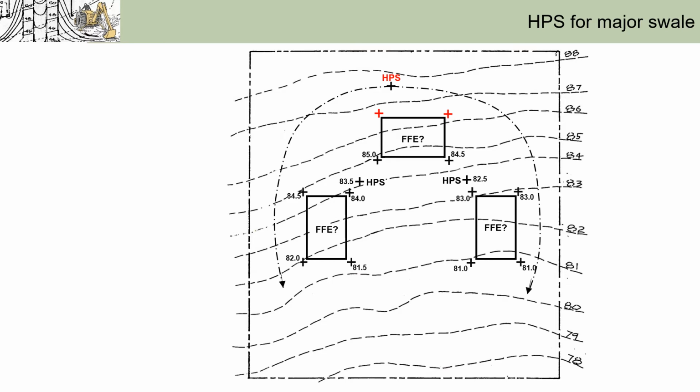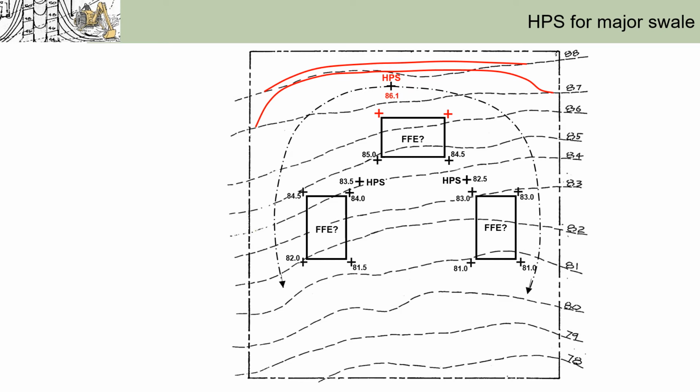Next, we need to examine how much space we have uphill to set a trial elevation for the HPS of the large swale. And it looks like we'd be able to fit in the 87 and 88 contours uphill. So the 86 contour will need to be the first contour forming the large swale.